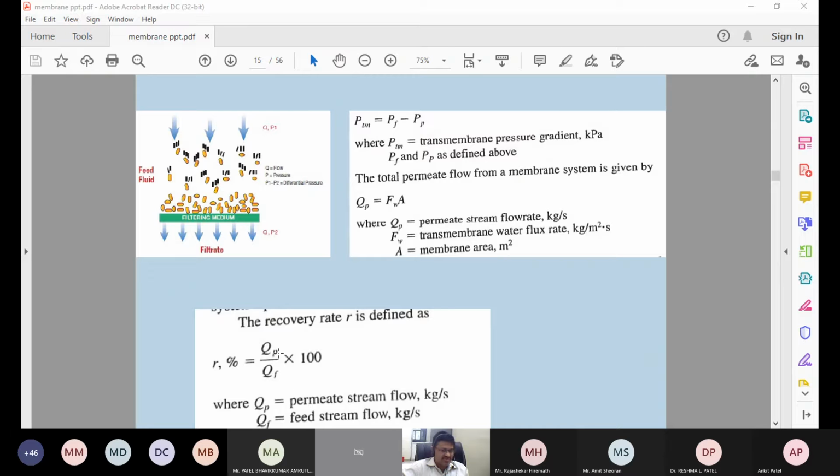Like in your house, water from your tap goes into the RO filter, and you get water in your filter tank, that is called permeate, and some water you get as waste, that is called concentrate. The water you get for drinking is QP. The water you feed from your tap is QF. So QP by QF times 100 is the recovery rate.